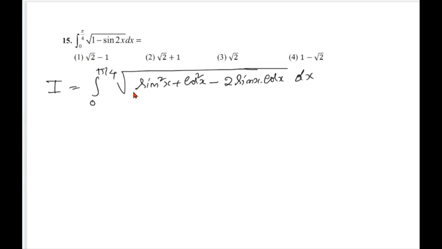So now this is of the form a square plus b square minus 2ab. You can write this as (sin x minus cos x) whole square or (cos x minus sin x) whole square.